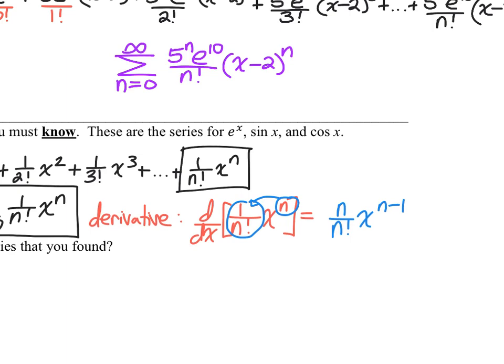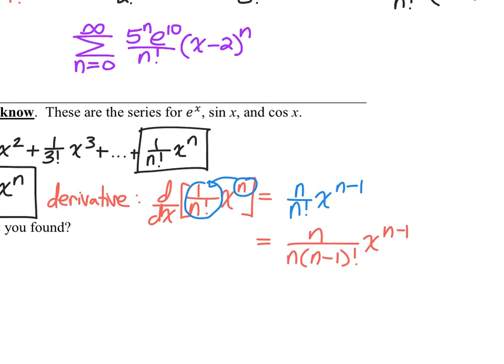But if we think about what n factorial is, it's really n times n minus 1 factorial, in which case the n's would cancel out.